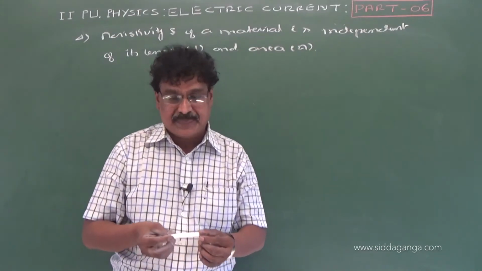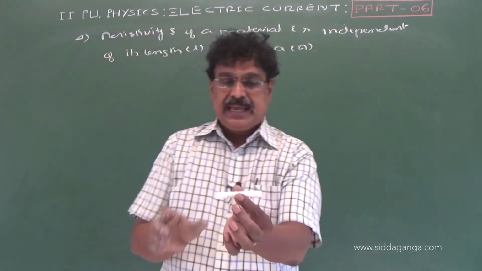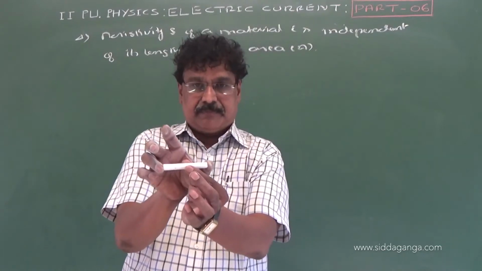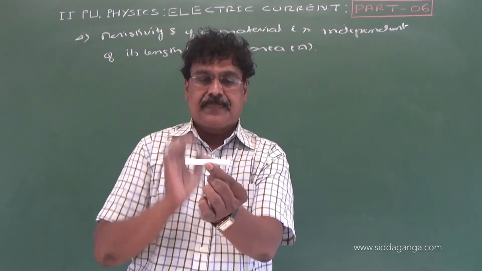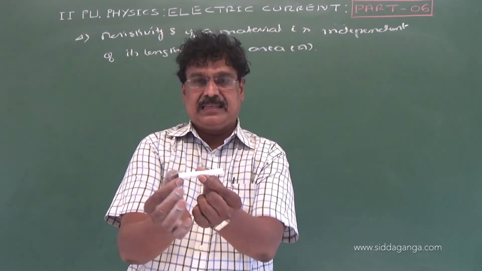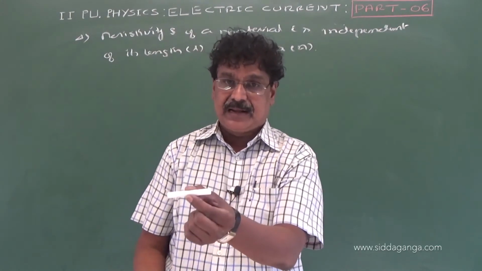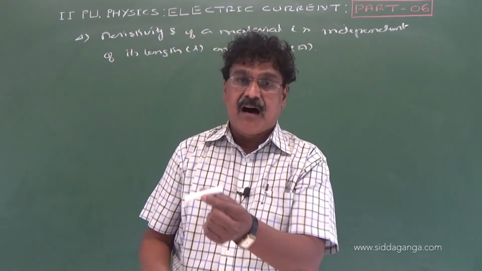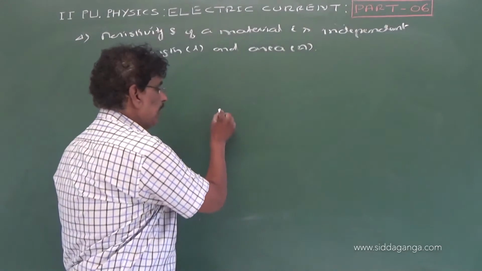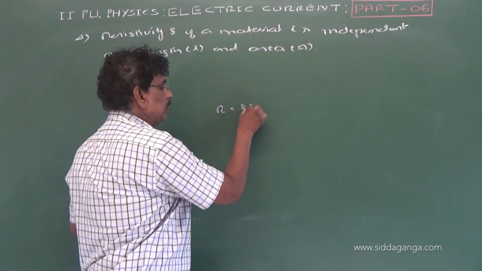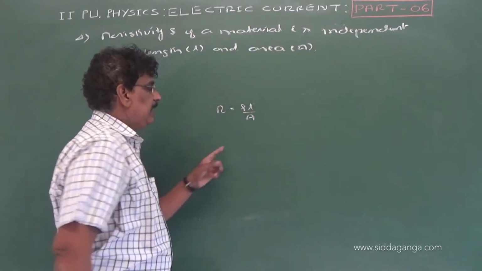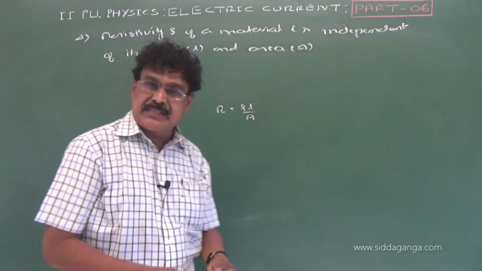Similarly, when we take a copper piece having a certain length and certain area, depending upon the resistivity, it has a resistance R = ρ L by A. Here resistivity remains the same.